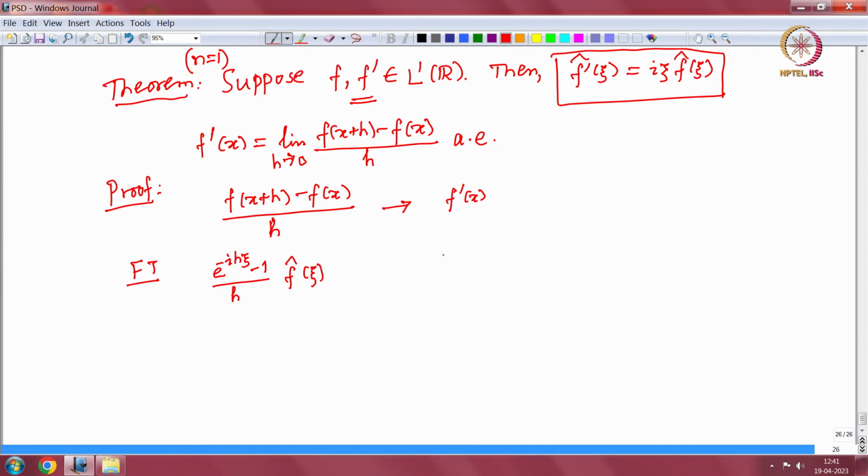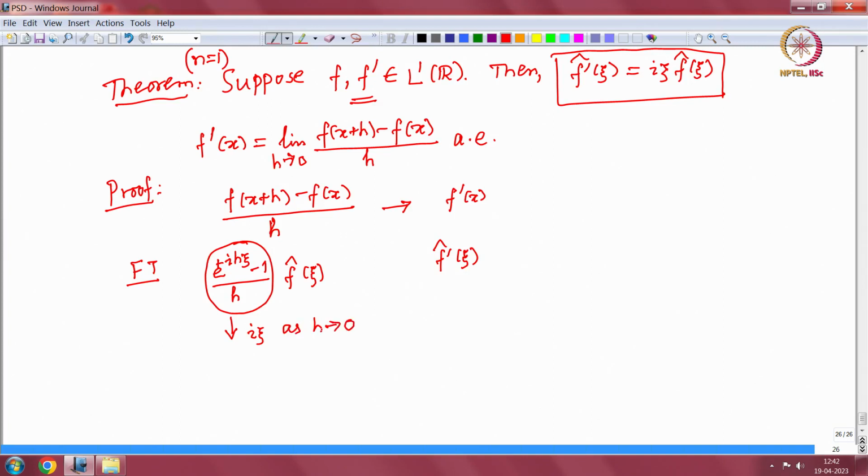Since we are assuming f prime is in L1, that gives me this. And as h tends to 0, what happens? This gives me minus or plus, let me just check, this may be plus, I j f cap j as h tends to 0.